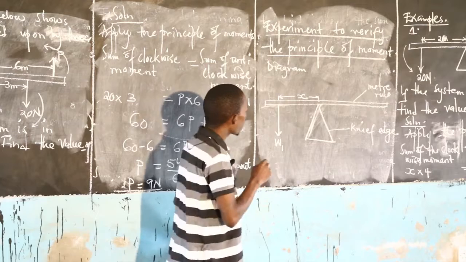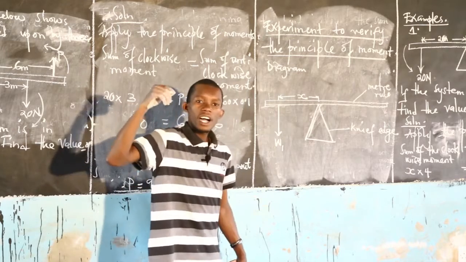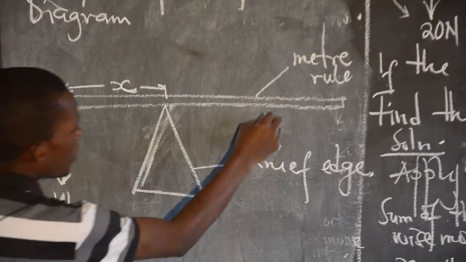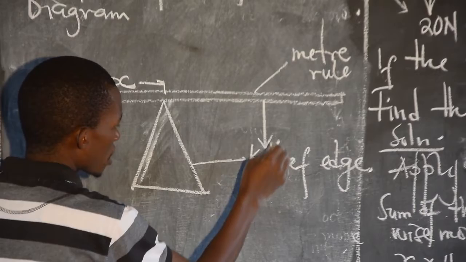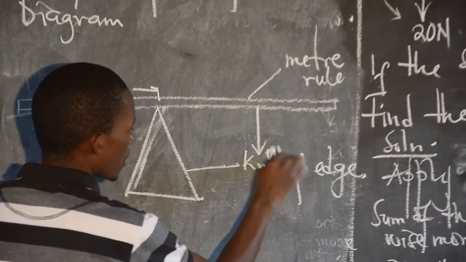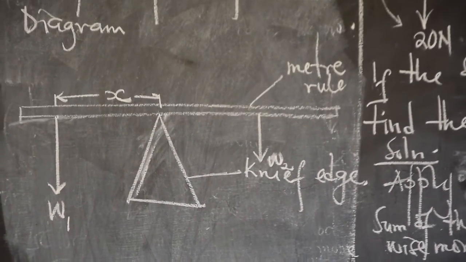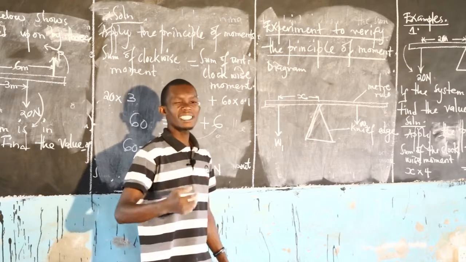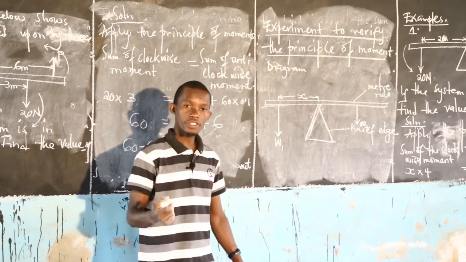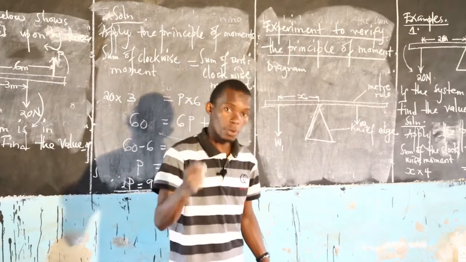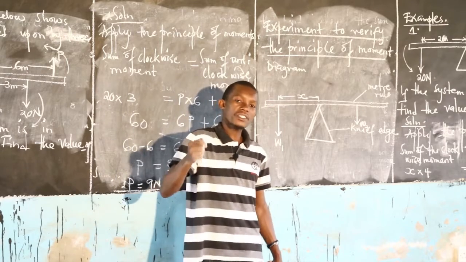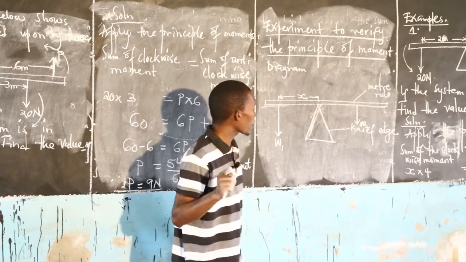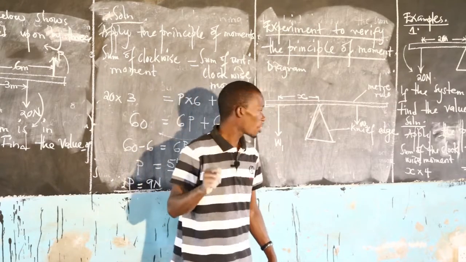Now from there, another weight W2. This is W2. It is suspended on the other side of the meter rule and adjusted until this meter rule balances again horizontally.